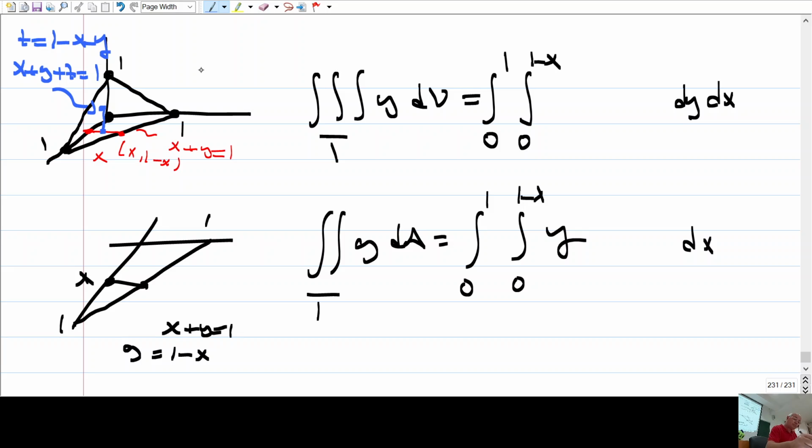Therefore, my z values in this region range from 0 up to 1 minus x minus y. And then we integrate over y. Of course, here I have dz. Okay?